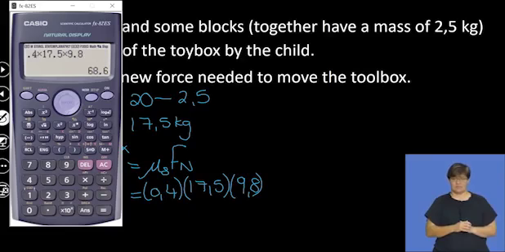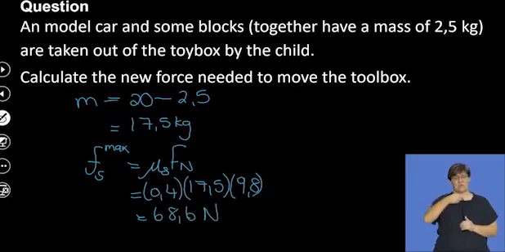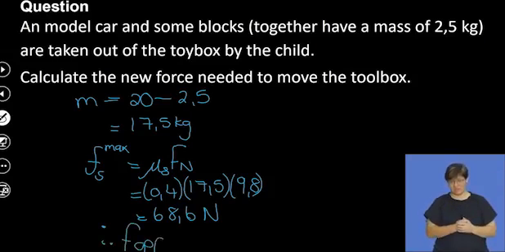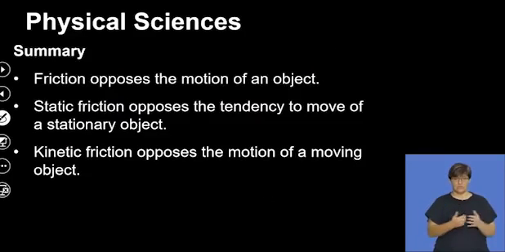There we go, 68.6. It's smaller. So 68.6 newtons. We expected it to be smaller because the mass was smaller. Mass being smaller made the normal force smaller, and they're directly proportional. We need to answer the question. 68.6 newtons forward. Smaller mass, smaller friction.